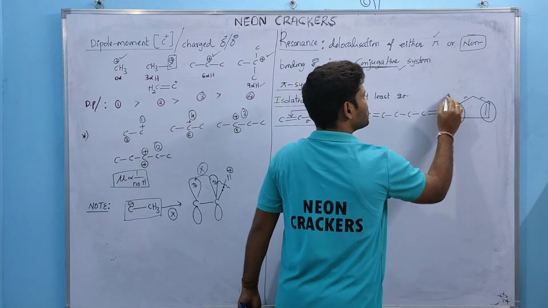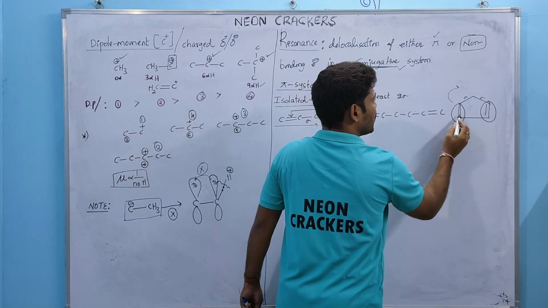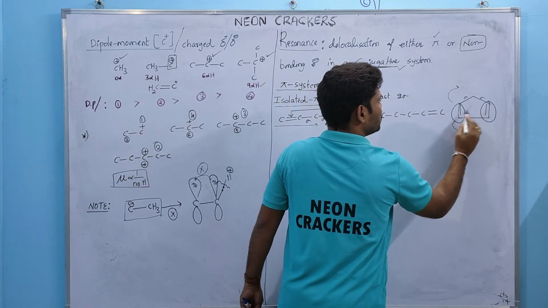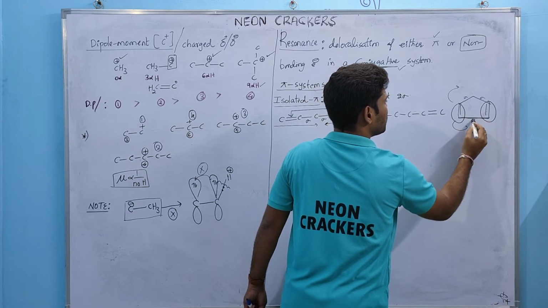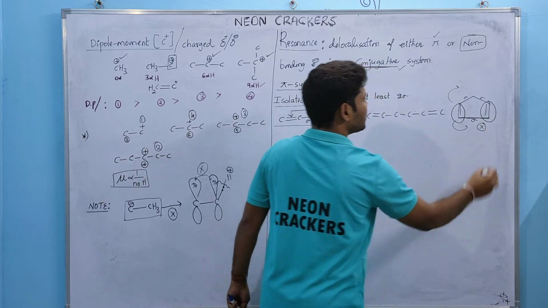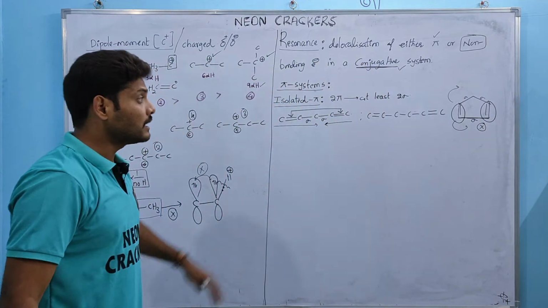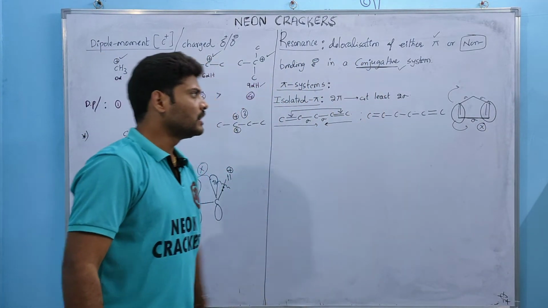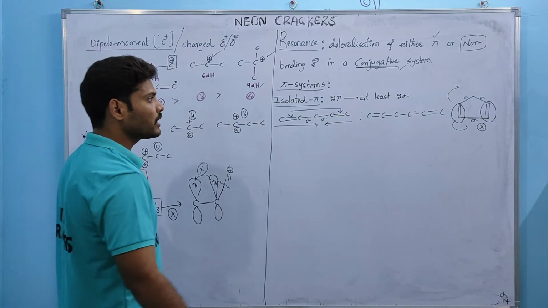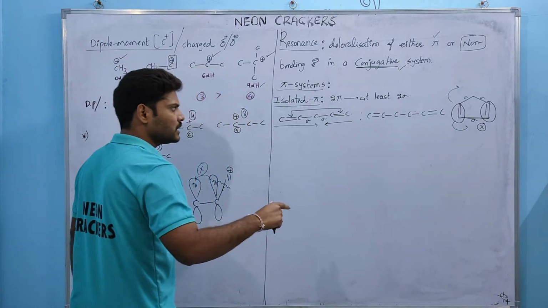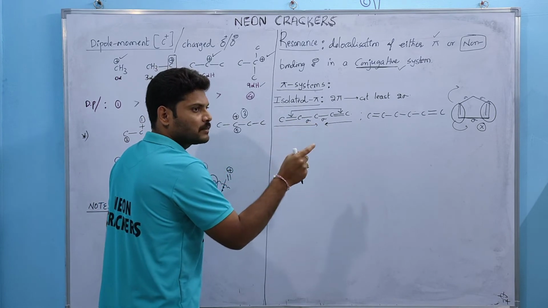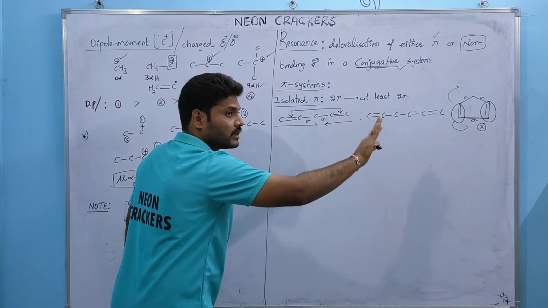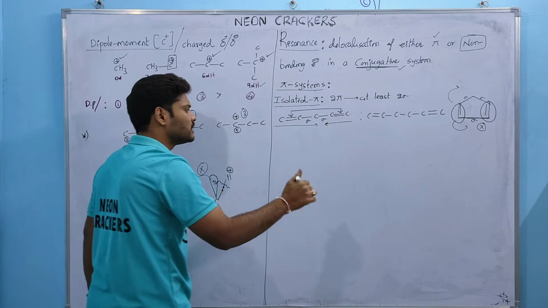But this double bond has two directions. Now see, these two pi bonds are separated by only a single sigma bond in this way. So it is not an isolated system. What kind of system it is, we will see later. In any propagation, at least two sigma bonds should be there. If there is only one sigma bond, that is not at all an isolated system.